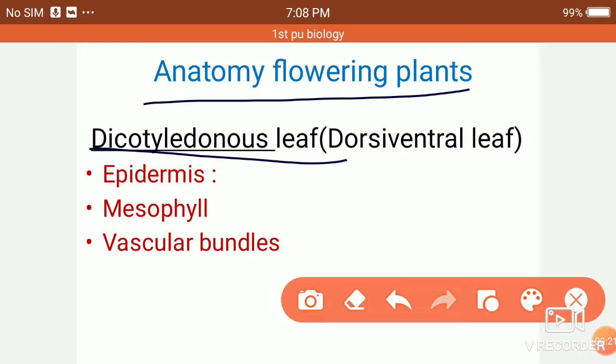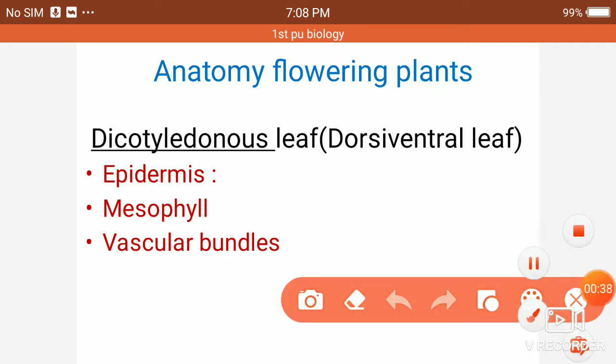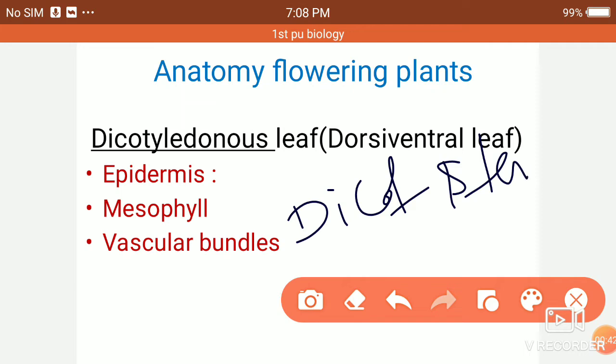In the earlier sessions of the video, we discussed the root, that is the dicot root and monocot root, both. In the next session, we discussed the stem, that is the dicot stem and the monocot stem.